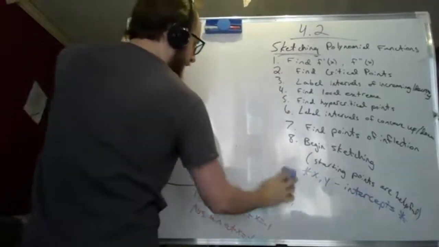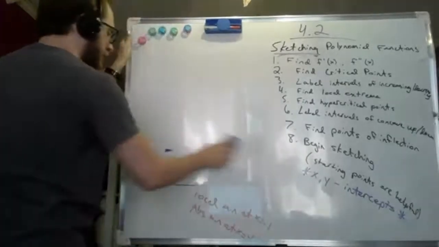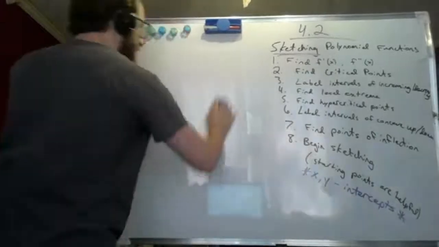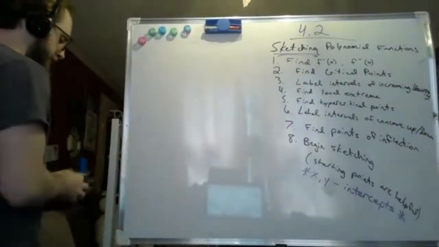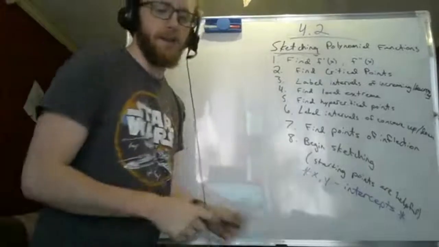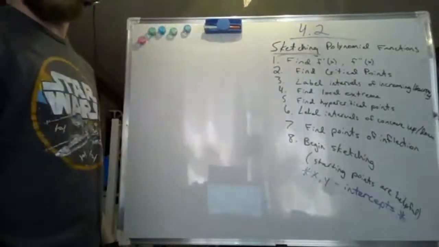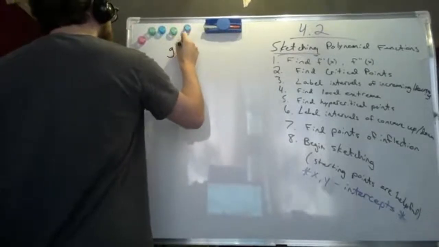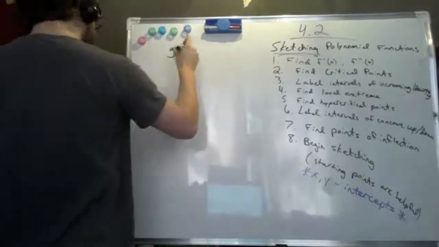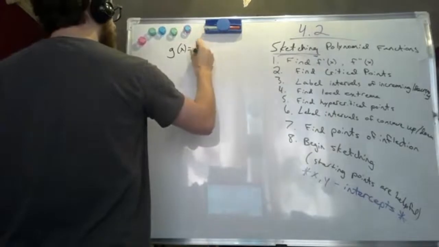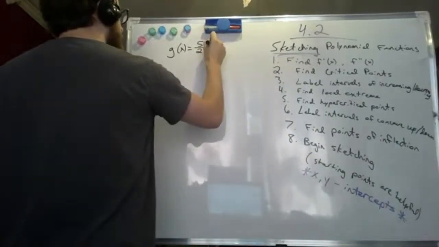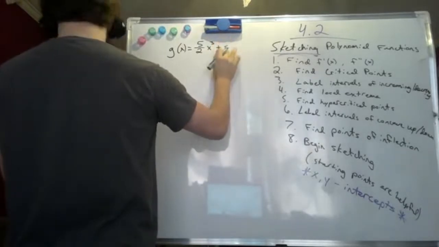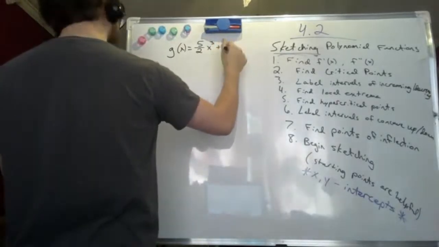Let's switch to a different kind of question you might get during section 4.2. All right. So a possible question you might get would be, suppose that g of x is equal to 5 halves x cubed plus s x squared minus 6x plus 1, where s is some variable we don't know yet.